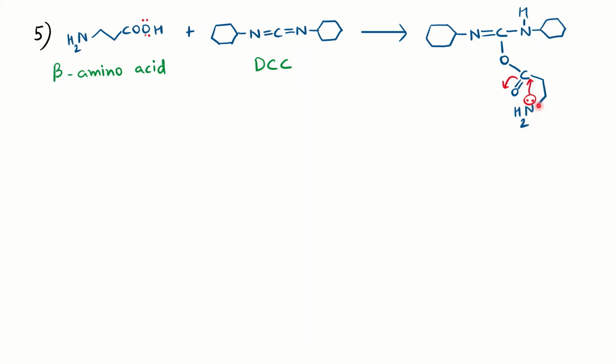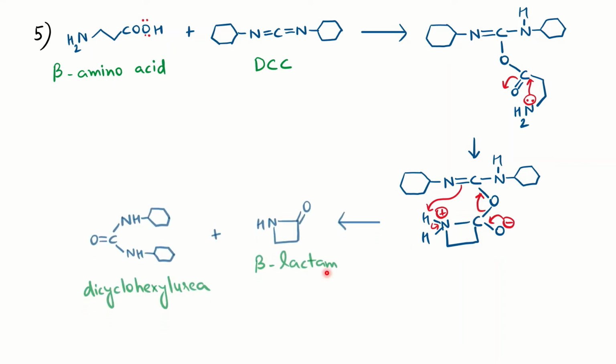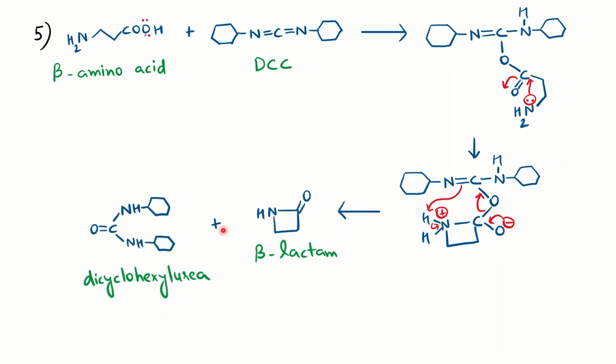Intramolecularly, again you have NH2 as a nucleophile which will attack the adjacent carbonyl carbon, which is an electrophilic center, and gives you the cyclic intermediate. With the electron rearrangement, it will show you the release of dicyclohexylurea and gives you the product beta-lactam. This is how you can design beta-lactam from beta-amino acid in the presence of DCC.